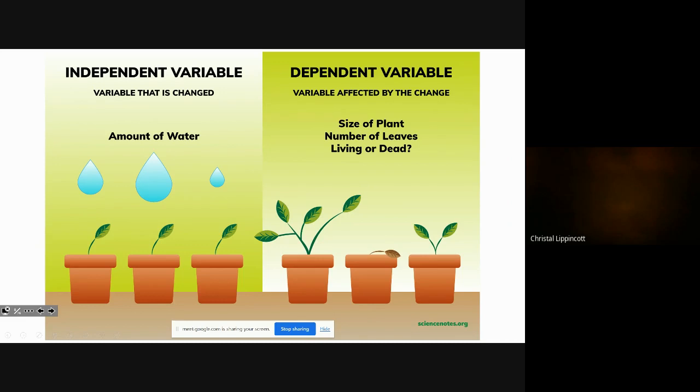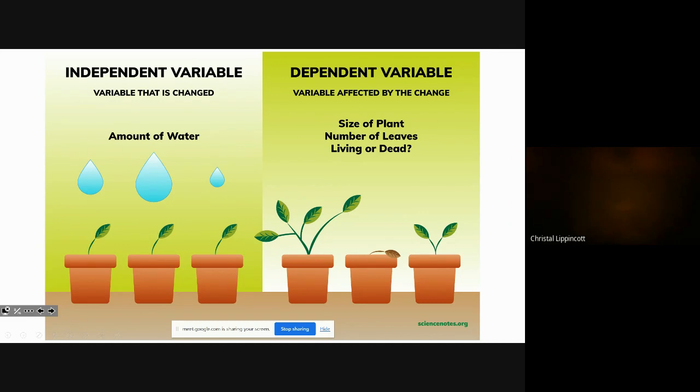The dependent variable is going to depend on what you change about the independent variable. So if we change the amount of water, then the size of the plant is going to change. So the size of the plant depends on how you manipulate or change the amount of water.